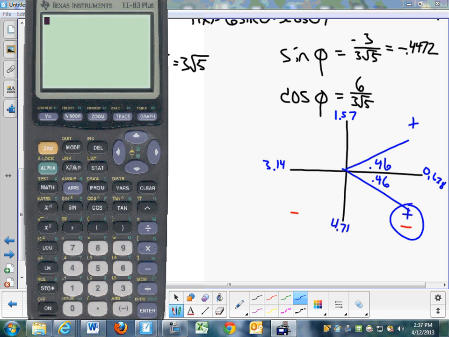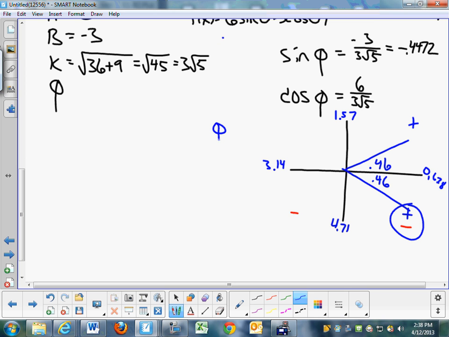Subtract it from 6.28. So I'll show you a trick here. 6.28 minus 0.46 is 5.82. So phi is equal to 5.82, or phi is equal to, watch this. Would you agree that those are the same?